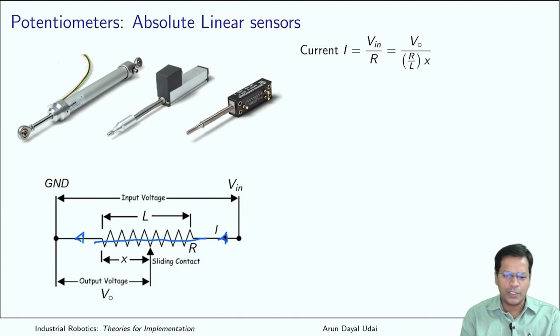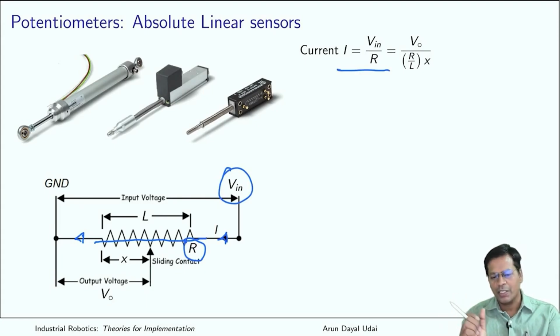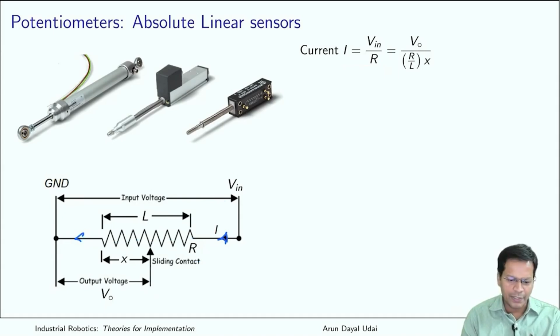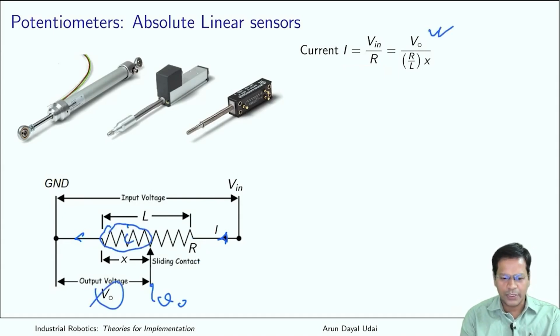First, it is equal to the total input voltage divided by the total resistance R. This is the current which flows through this small resistance. Otherwise, the current is also equal to the output voltage divided by R by L times X.